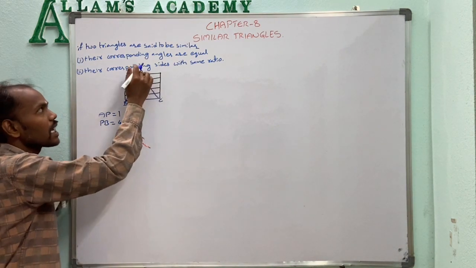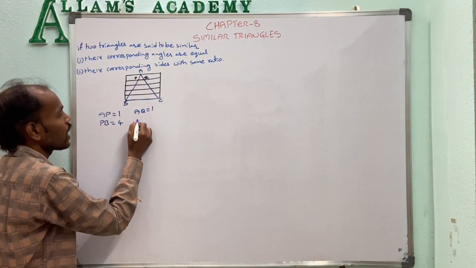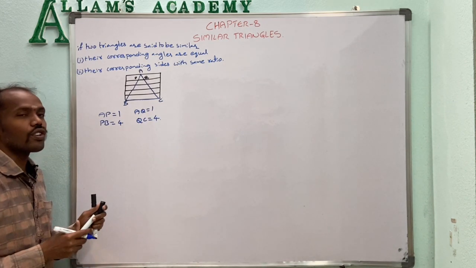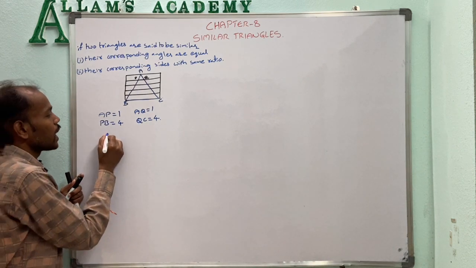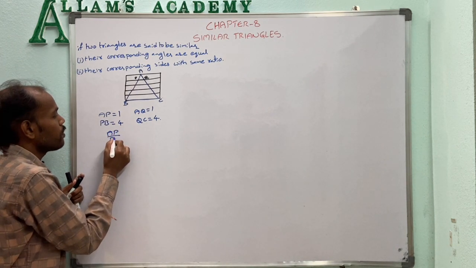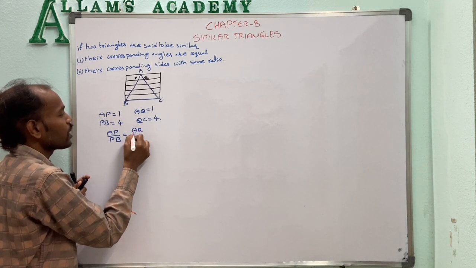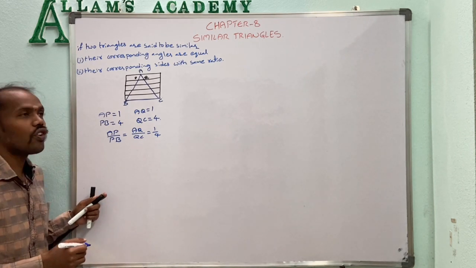Similarly AQ is 1 part, and QC is 4 parts. So from this we conclude the ratio AP by PB and AQ by QC is the same, 1 by 4.